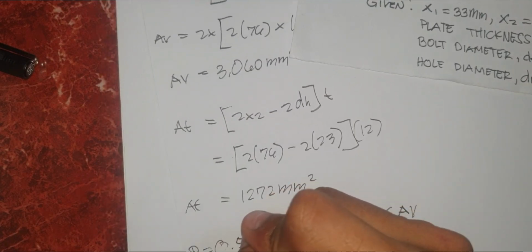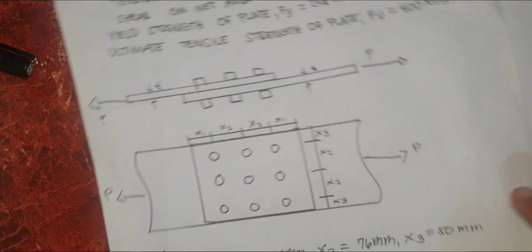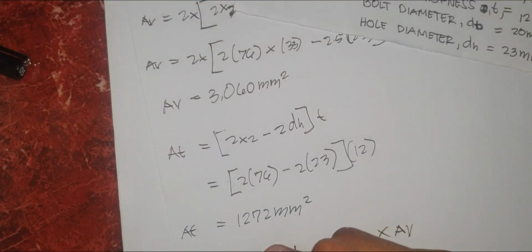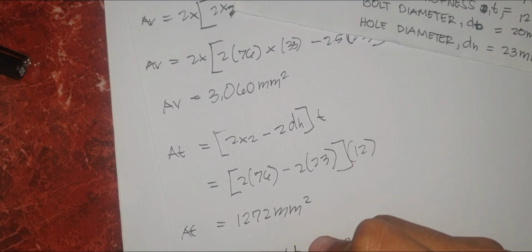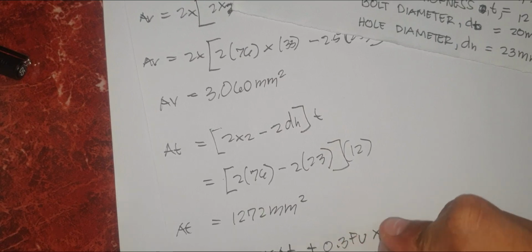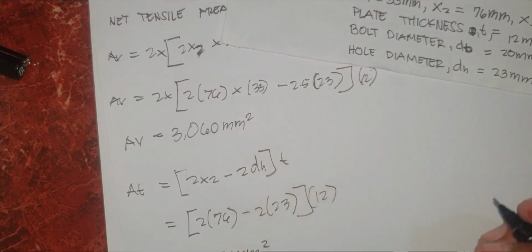So equals 0.5 Fu, which is 400, times AT equal to 1272, plus 0.3 times 400 times EV, which is 3060.